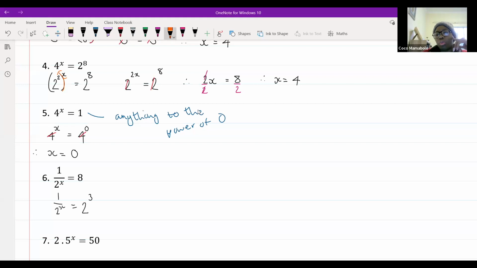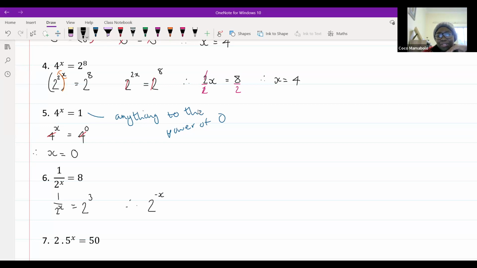Since 2 to the x is a denominator, I can take it to be a numerator, but then I have to change the sign of the exponent. So it's going to be 2 to the power of negative x.